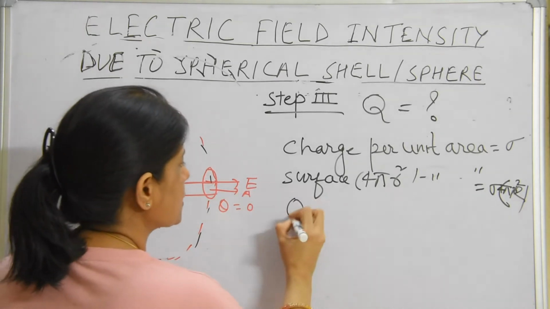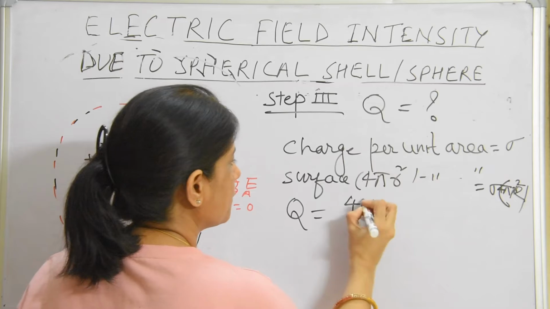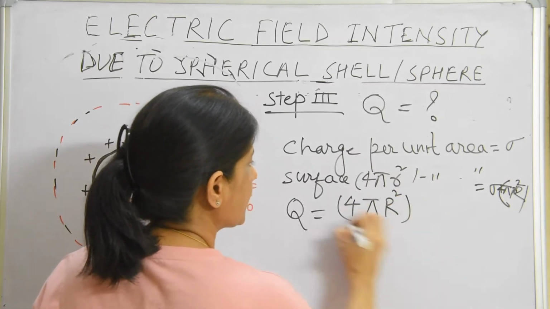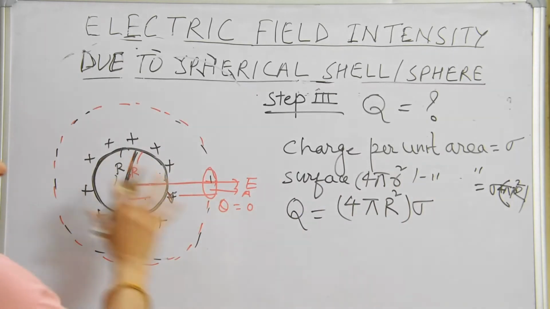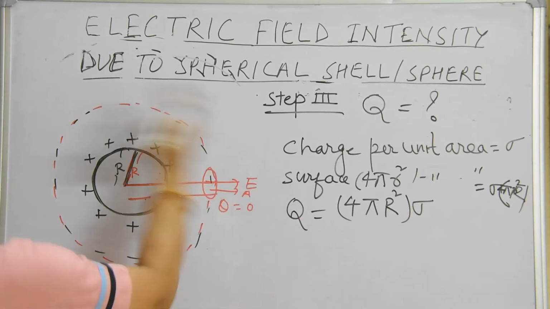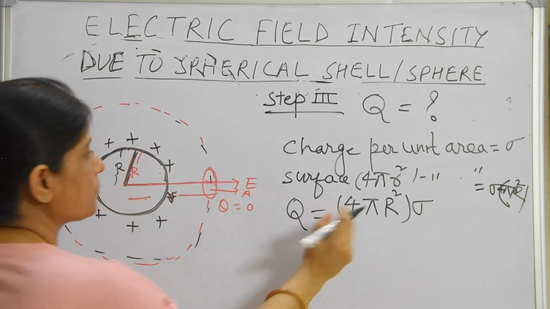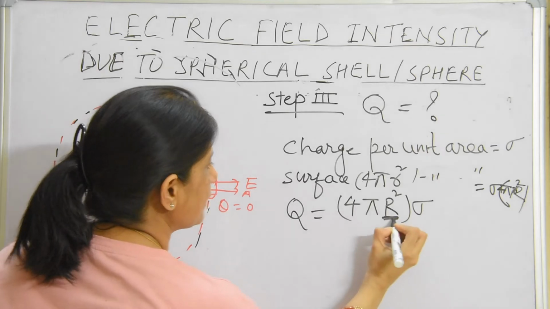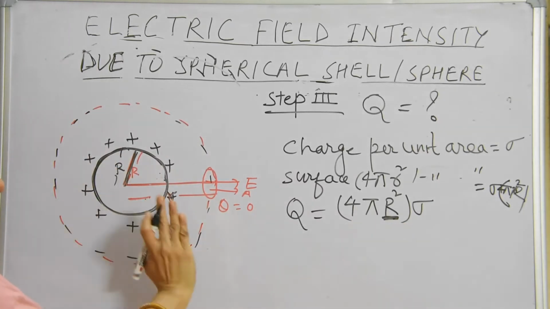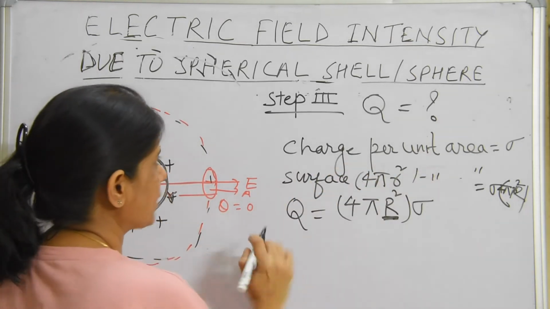Now charge Q is 4 pi R square into sigma. This is the value of charge inside the Gaussian surface. For that we have to take capital R, not small r. Okay, this is done. Now we have calculated the charge.